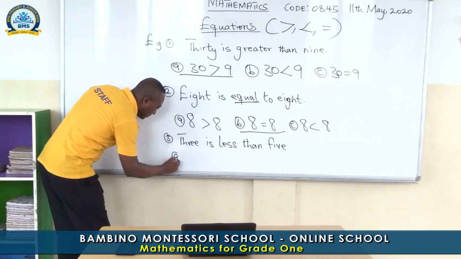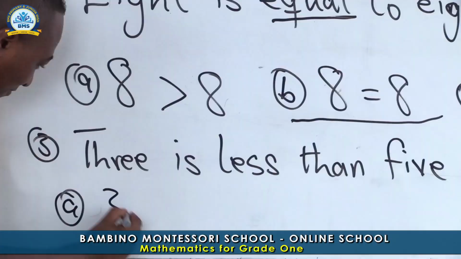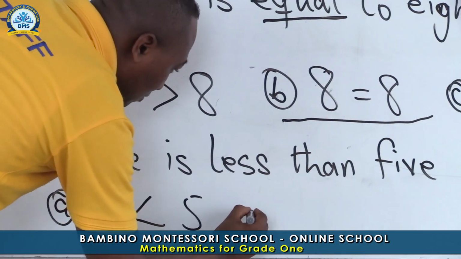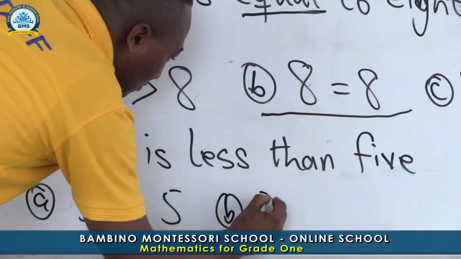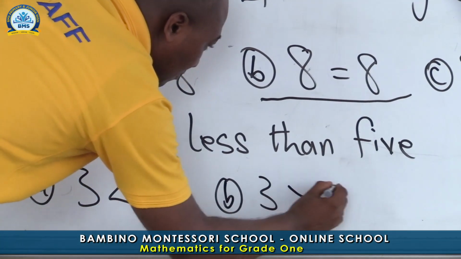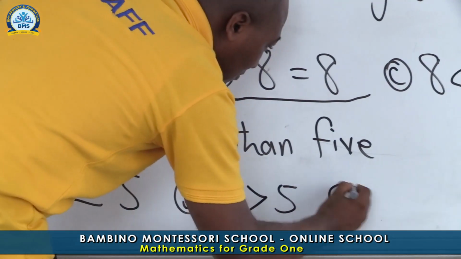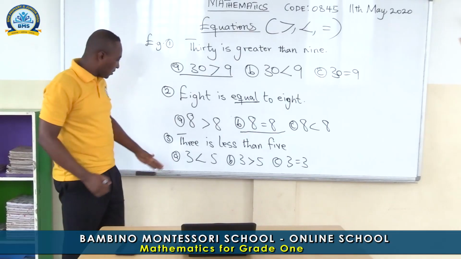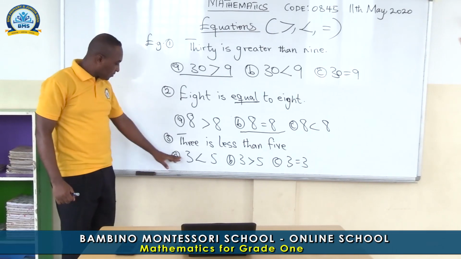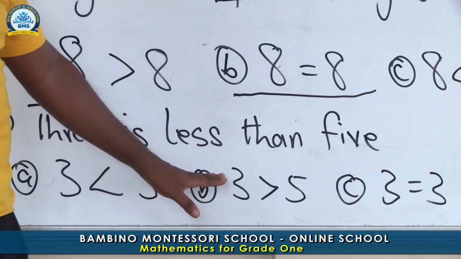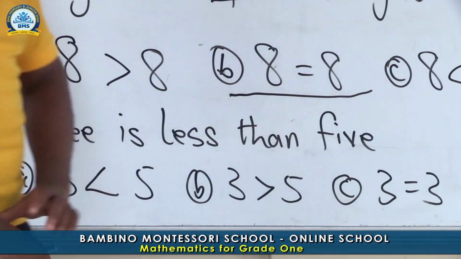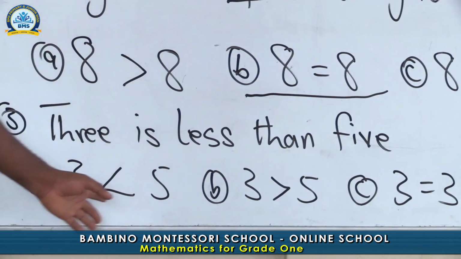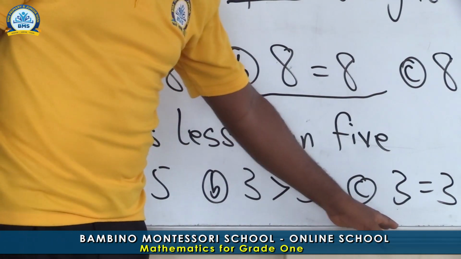The first one. Yes, there are 3 options here. 3 is less than 5. Which one do you go for? We go for this one, that one, or this one.